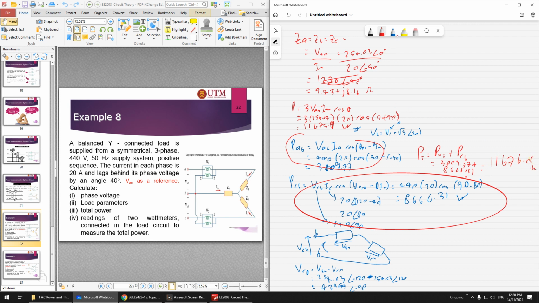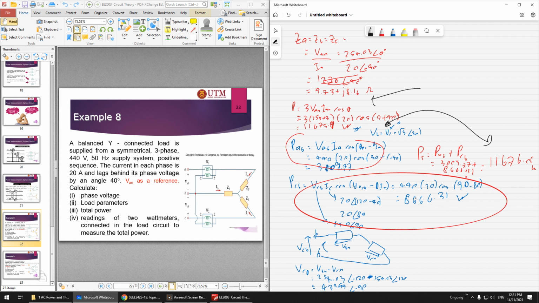So if you compare this with the normal calculation, this is the normal one and this is the 2 wattmeter method. You get almost the same answer. There is slight difference because we take a different decimal point, but should be close. So make sure you know how to calculate it normally and how to calculate using 2 wattmeter method. If you use wattmeter, it should be this approach.